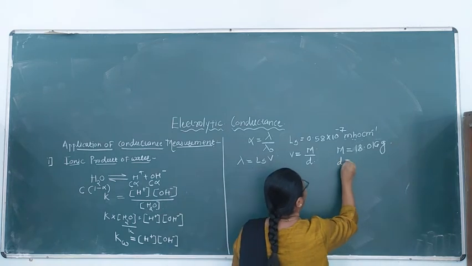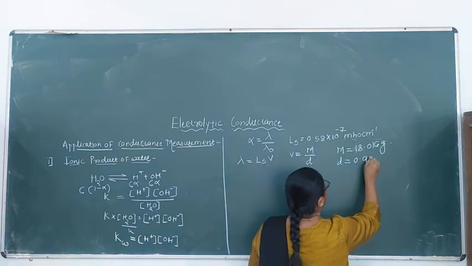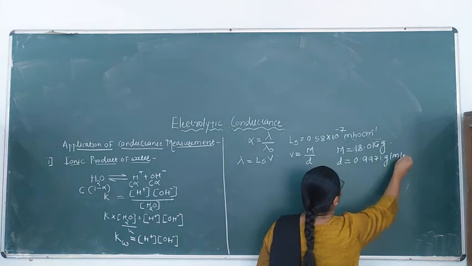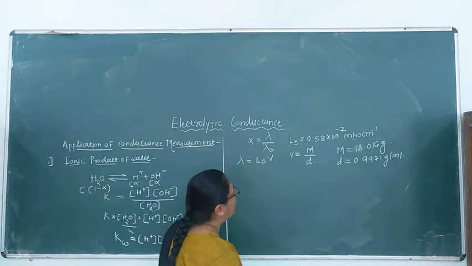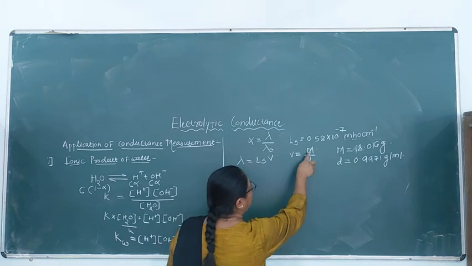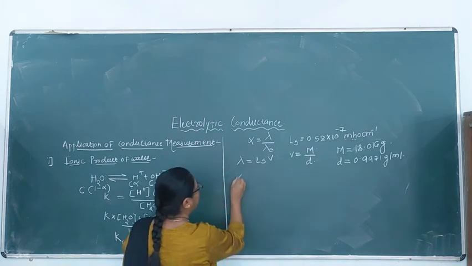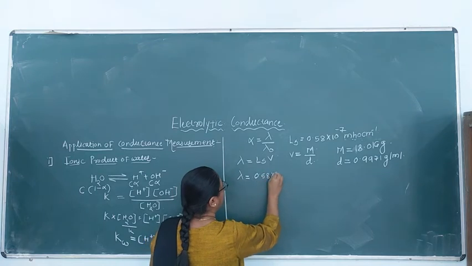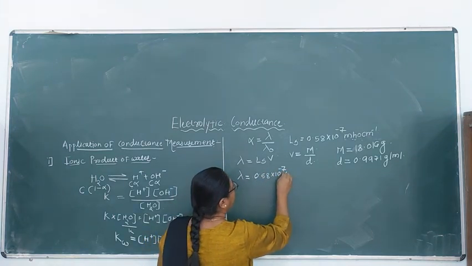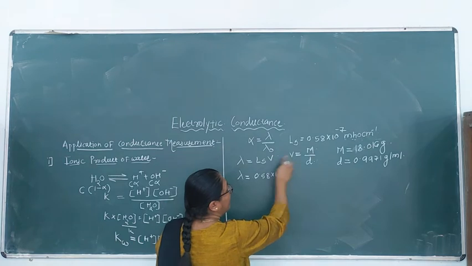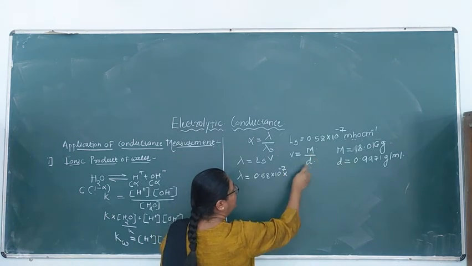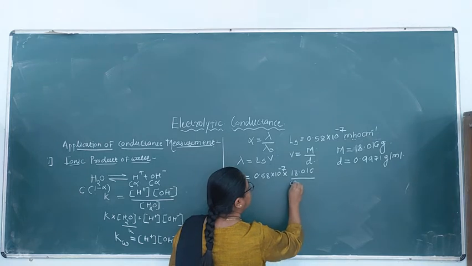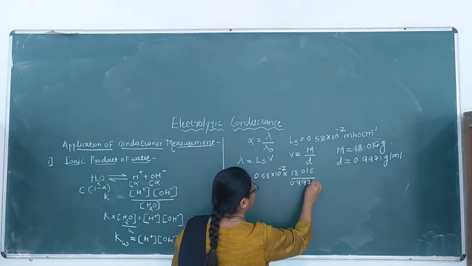The density of the water is 0.9971 gram per ml or gram per centimeter cube. Therefore, we can substitute V as M divided by D. So, lambda is equal to 0.58 into 10 to the power minus 7 into, instead of V, I am substituting M divided by D. So, 18.016 divided by 0.9971.